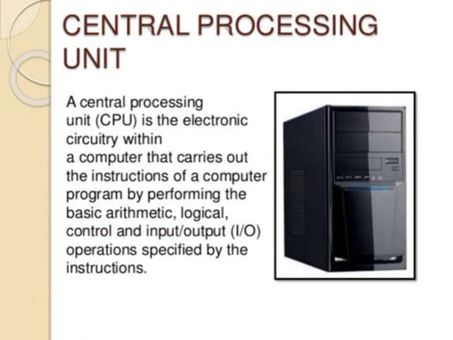A central processing unit, also known as CPU, is the electronic circuitry within a computer that carries out the instructions of a computer program by performing the basic arithmetic, logical, control, and input output operations specified by the instructions. So the CPU is the most important part of the computer because all the important tasks are carried out in the CPU, either a mathematical operation or designing.